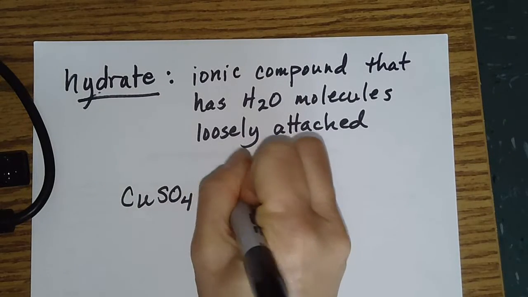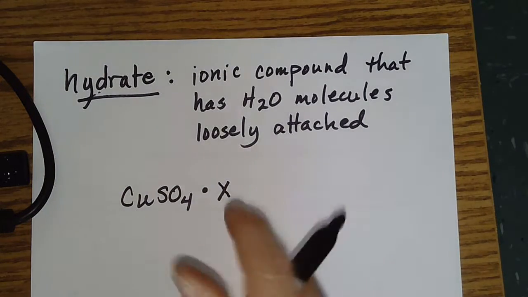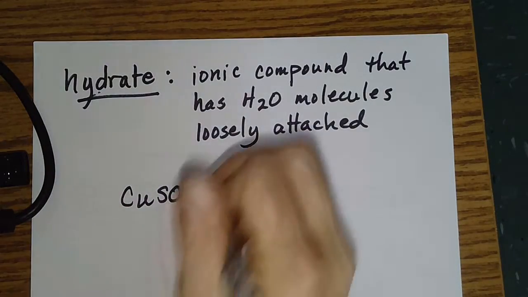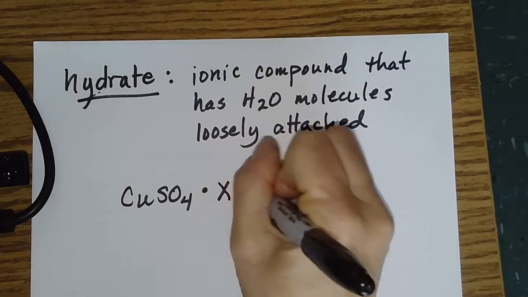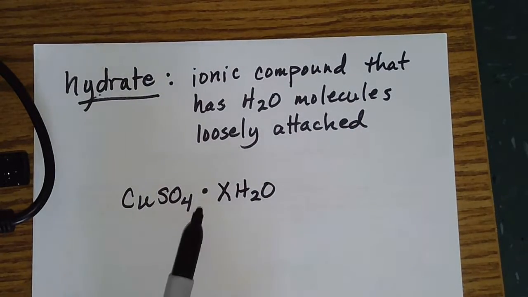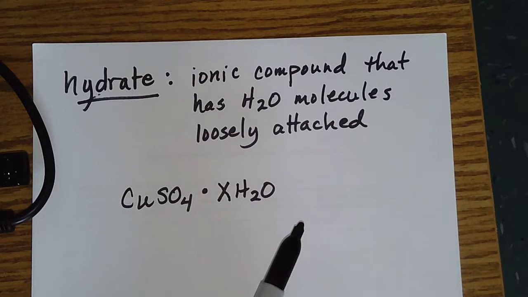I'm going to represent that with an X, because that's going to be our unknown in the experiment tomorrow. It's written kind of like a coefficient, like a big number. And then we would write next to it H2O. So it's going to be CuSO4 dot some number H2O. Does that make sense? Okay.